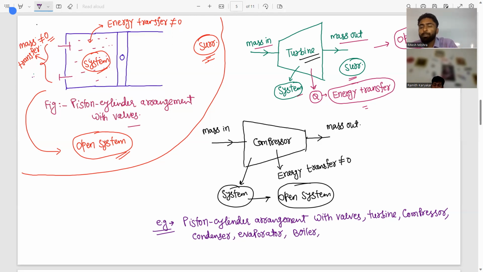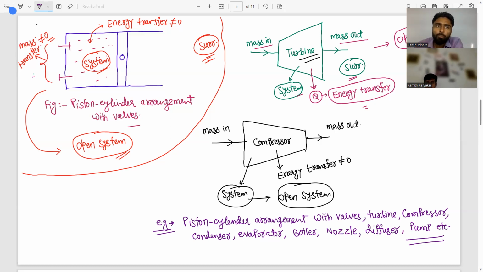So the boiler is also an example of an open system. In every device where you see mass transfer, that system is called an open system. The nozzle is also an example of an open system, and also the diffuser, pump, etc. These are all examples of an open system, and I hope you understood this concept.